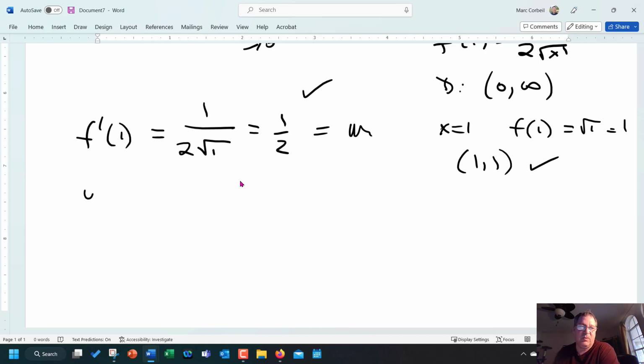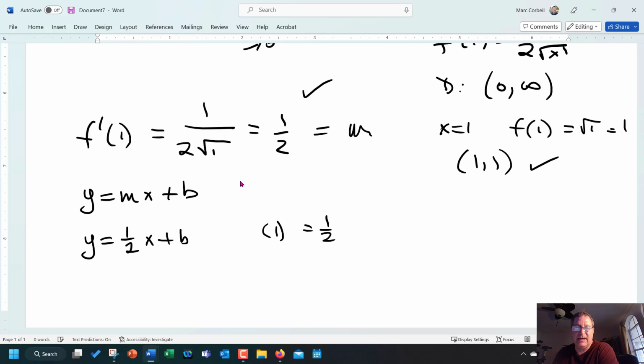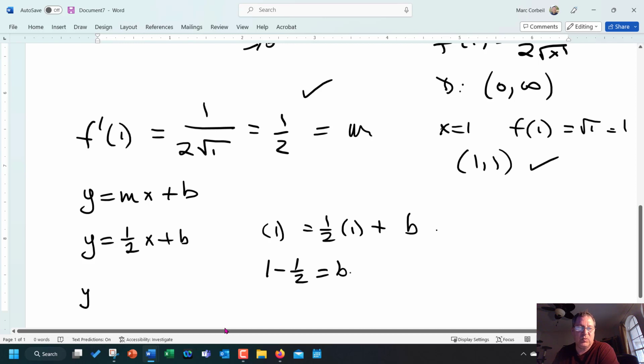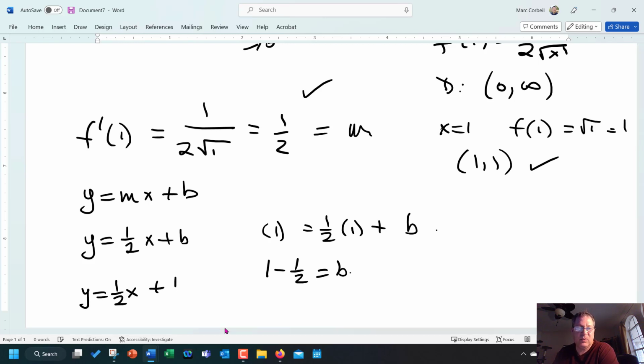Well, if you remember our y equals mx plus b format, what I have here is I have the slope. And now if I do step 2, I have the point. I'll replace y for 1, and then x for 1. And if I do that, I'll have 1 minus 1/2 equals b. So what I'll have is y is equal to 1/2 x plus 1/2.